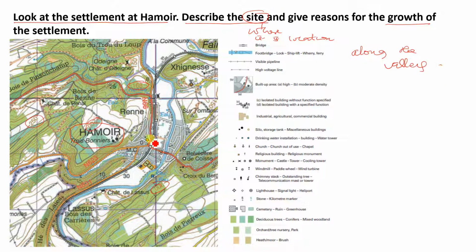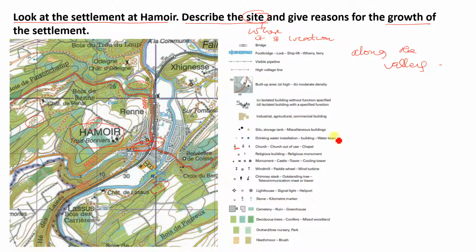or valley side. Now, if you look at this area, what are those things that can be found that will help the settlement grow? That is why I included the key here. This key will give you an idea of some of the things that can help the settlement grow. Here, there is a church, so a worship center. Now look at roads.